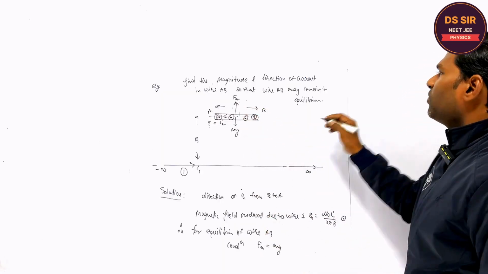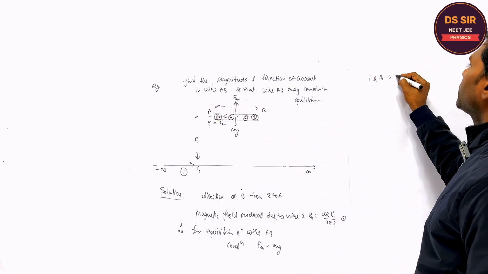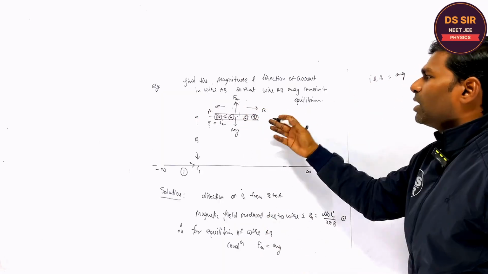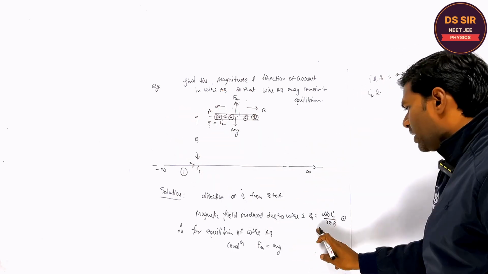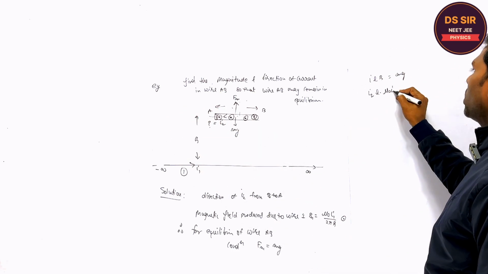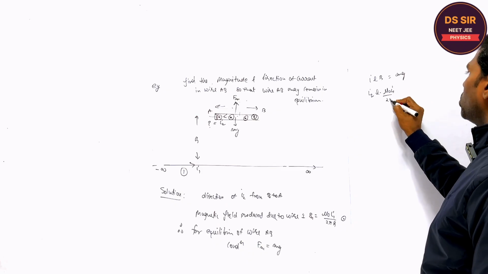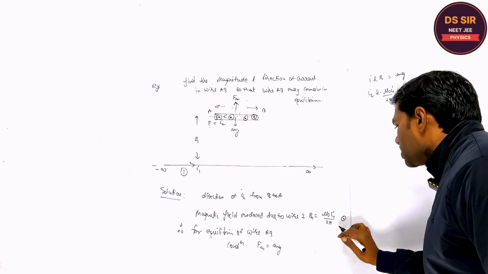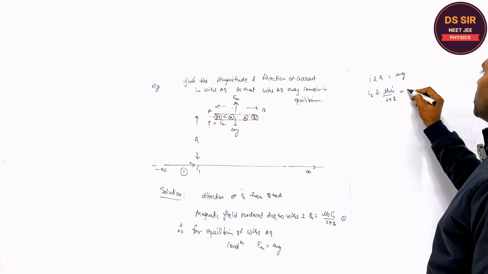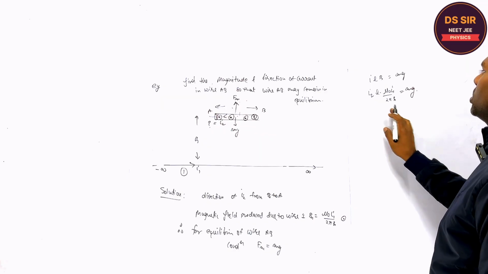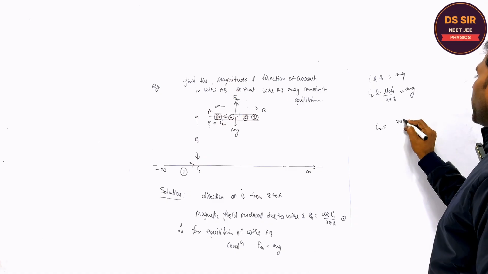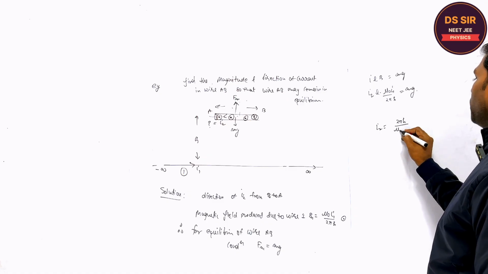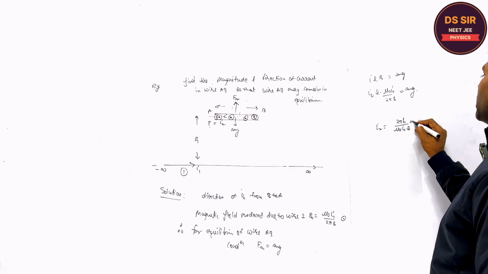So what is the magnetic force? ILB. What is I? I is the current in the wire. The length is L, and the magnetic field is mu naught I1 upon 2 pi h. This is equal to mg. So what is the value of I2? It is equal to 2 pi h upon mu naught I1 L, into mg.